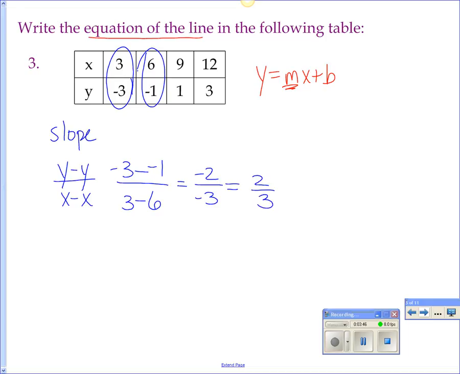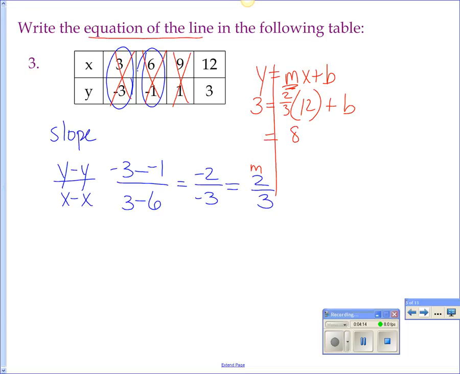Okay, so I just found my slope. What do I need to label that? M, good. And I only need 1 point to plug in. So I'm going to cross all of these out, and I'm just going to use the last one. You can pick any one you want, but I chose (12, 3). So 3 goes in for y, m is 2/3, 12 is x plus b.